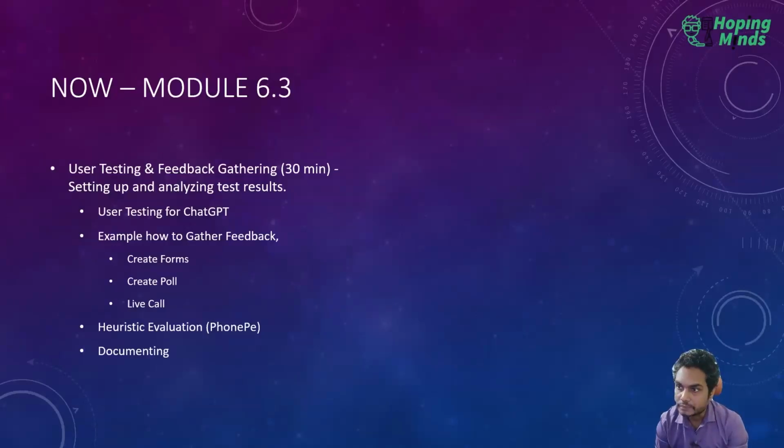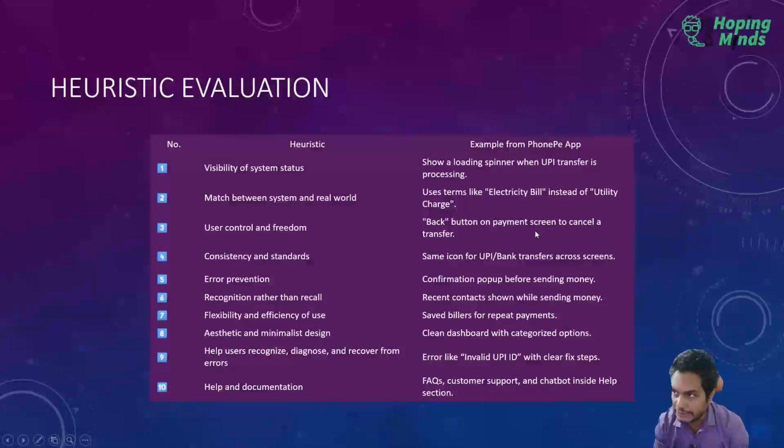And so let's first start with ChatGPT, how it can help you generate better user testing, and let's see how it works. And then we will do our manual user testing with heuristic evaluation, which we'll do on these parameters: visibility of the system status, match between system and real world, user control and freedom.